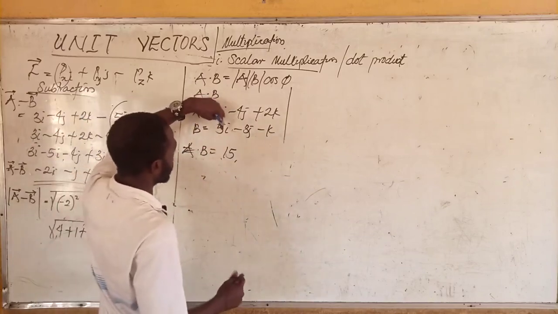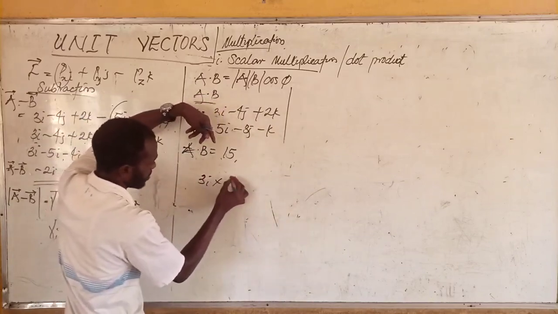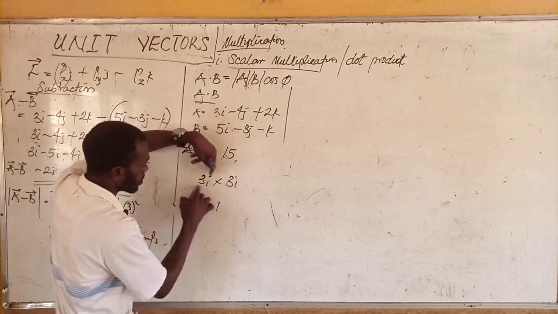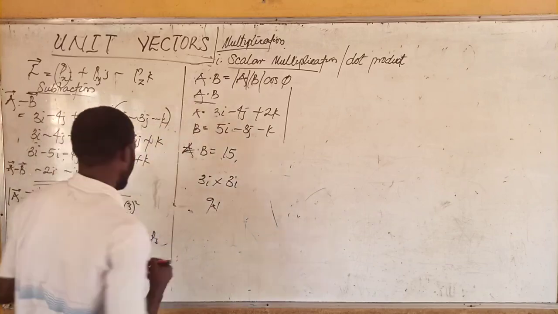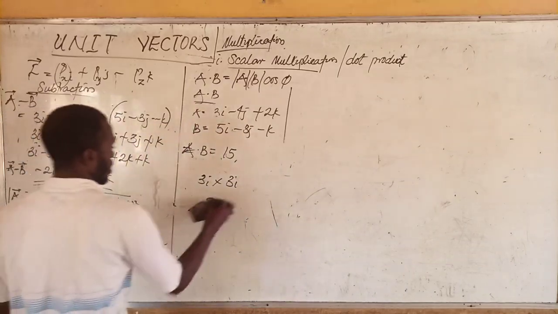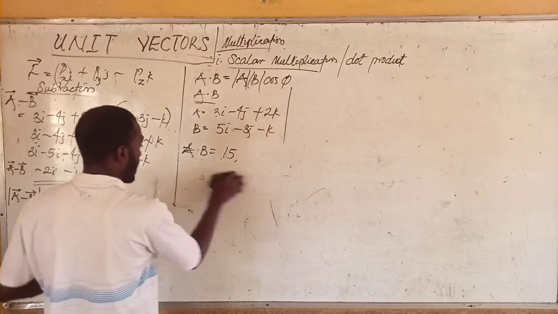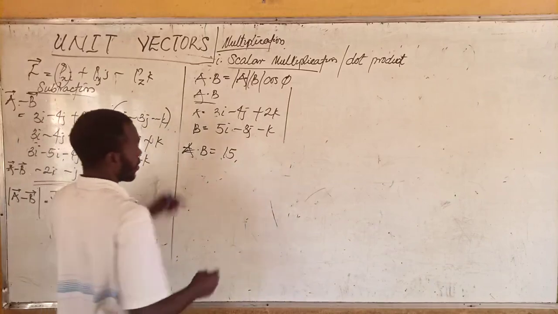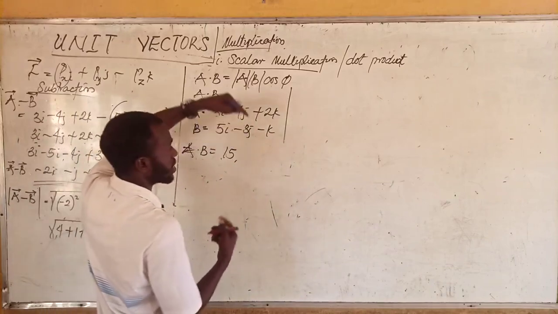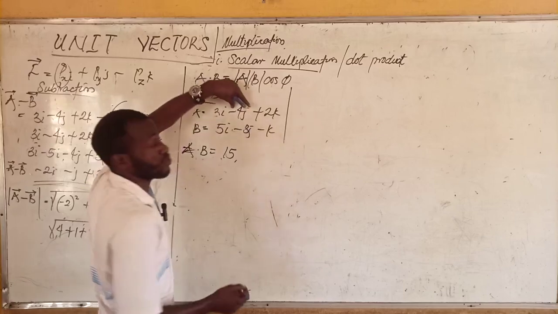Because 3i dot 5i is simple: 3i times 5i, i times i is 1, 3 times 5 is 15, times 1 is 15. So it doesn't change; i disappears. And if you do this times this, you get 0. This times this is 0. So you just move on to the next.